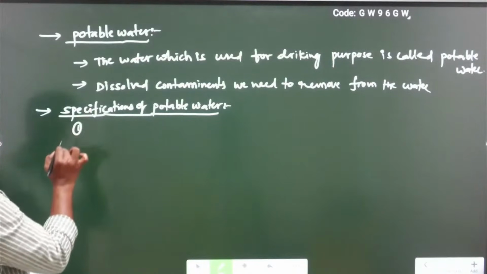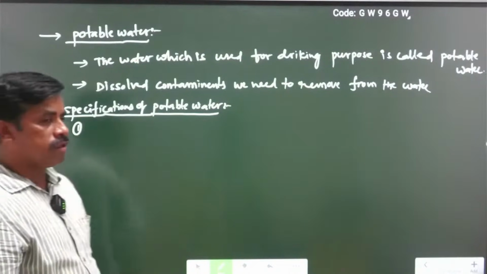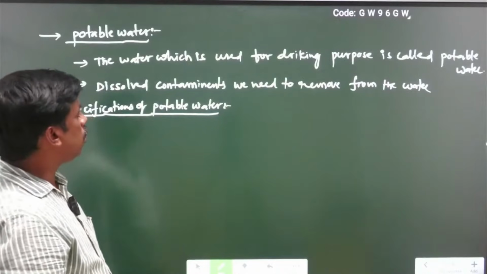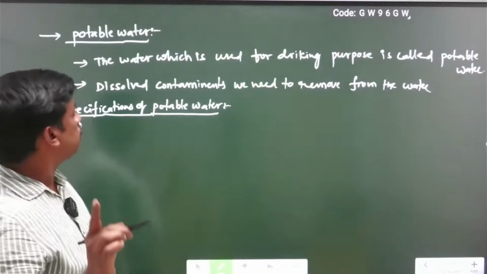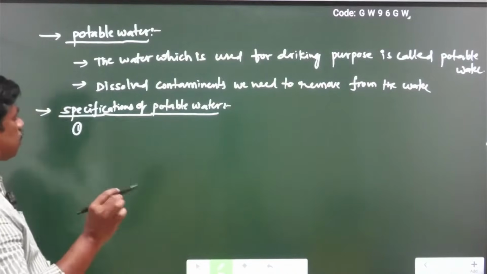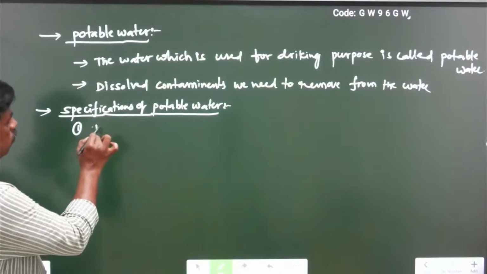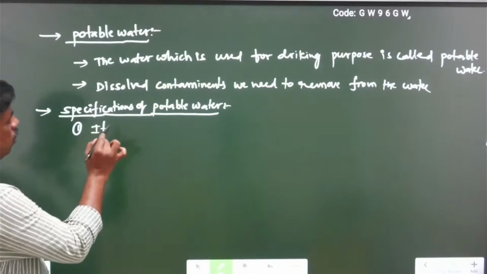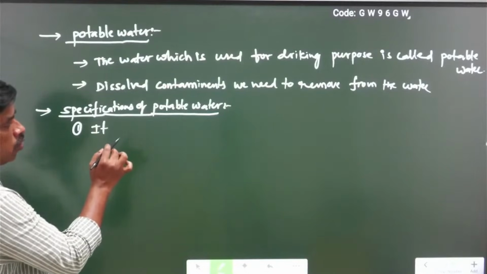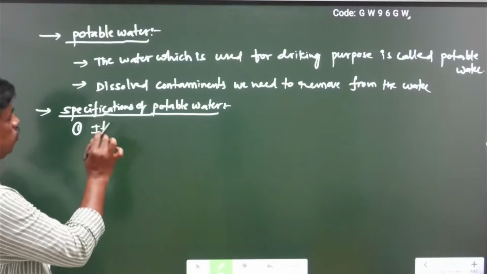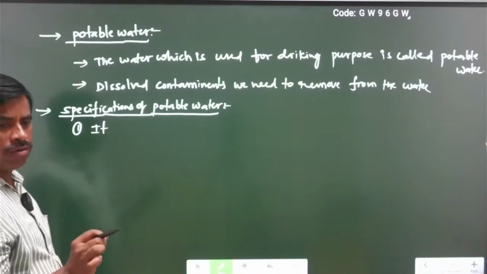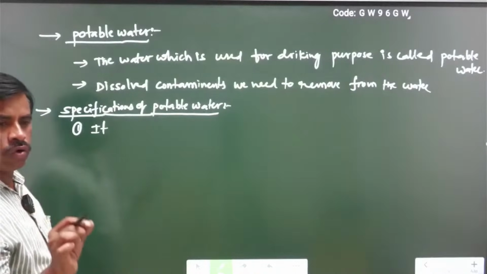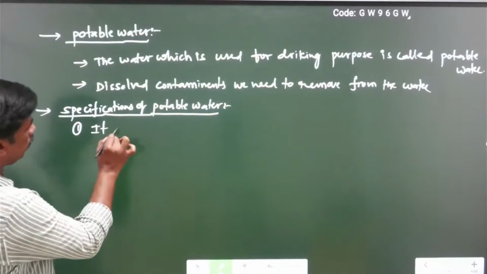First, potable water should not have any color, odor and taste.